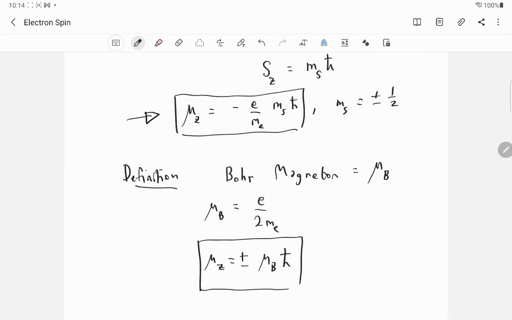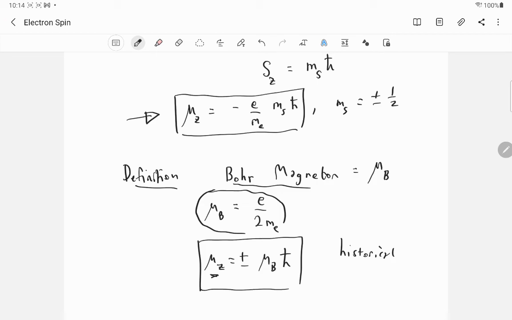So this is sort of a historical way to understand the magnetic dipole moment, or the z component of the spin of an electron, based on this combined quantity. It's the charge over the mass of the electron, but with this extra factor of 2. It's called the Bohr Magneton, mu sub capital B.